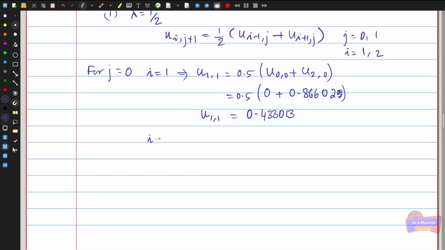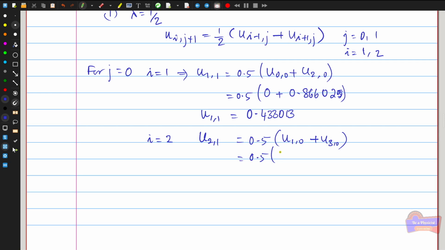Similarly, I can find the value for I equal to 2. This can be written as u of 2 comma 1, which is again 0.5 times u of 1 comma 0 plus u of 3 comma 0. The values of 1 comma 0 and 3 comma 0 are substituted here.